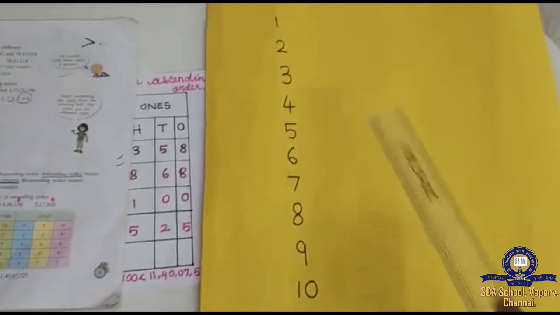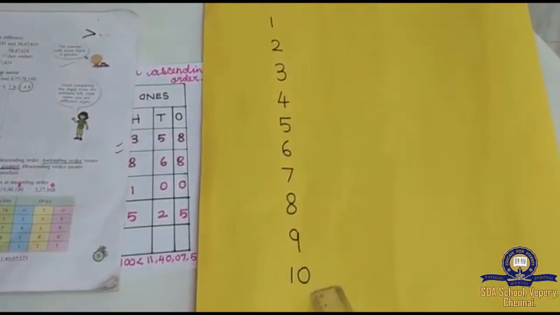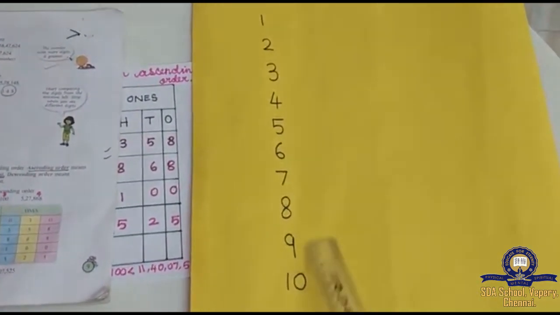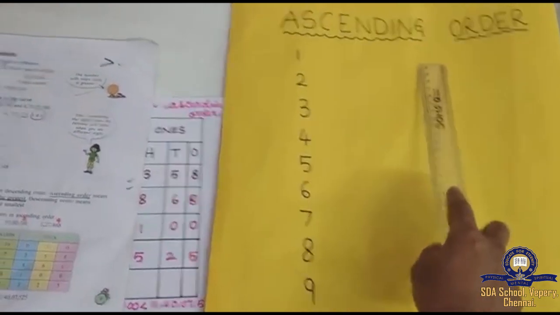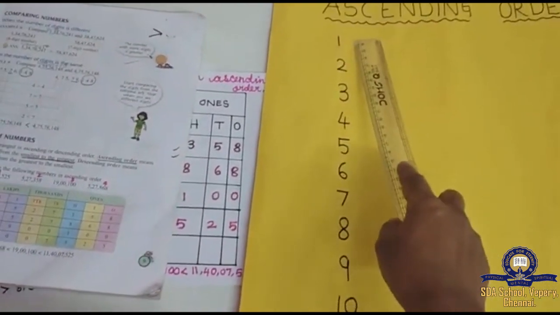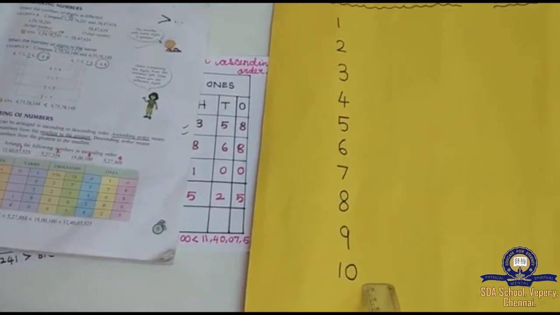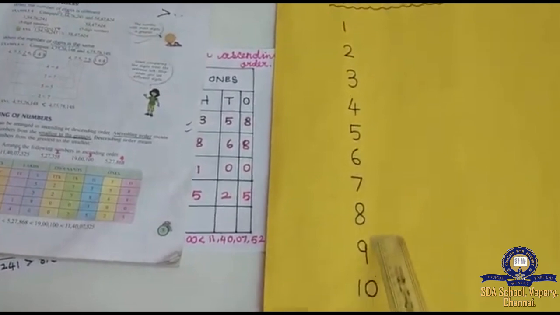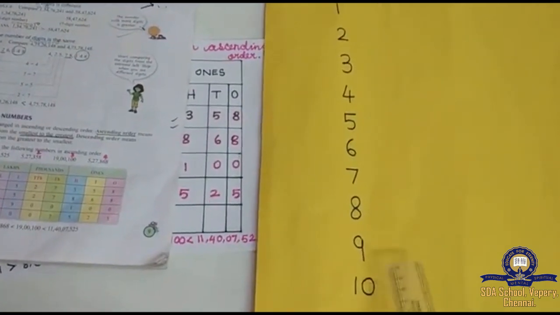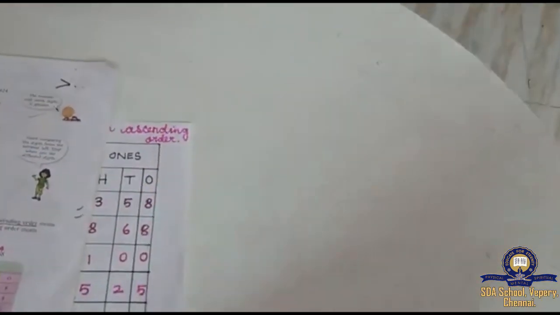So I arranged from the smaller number to the bigger number. 1 is small and 10 is the greater number. So ascending order means arranging the numbers from the smallest number to the greatest number. Understand that.